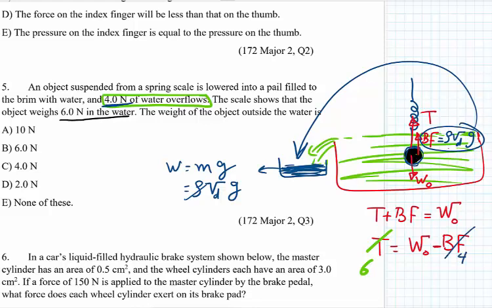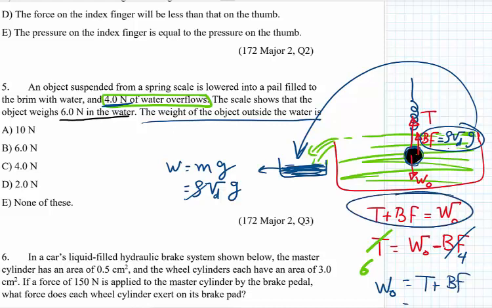He's asking what is the real weight of the object outside the water, which is W naught. W naught is T plus the buoyant force, as we said before, which is 6 plus 4, giving us 10 Newton. So the result is 10 Newton.